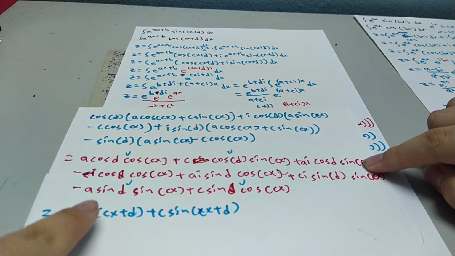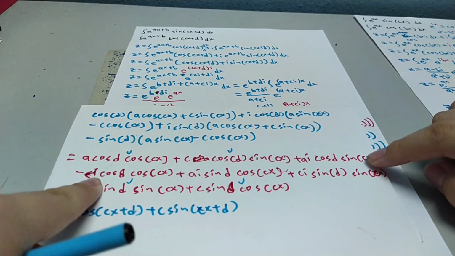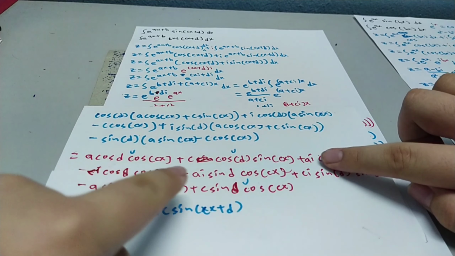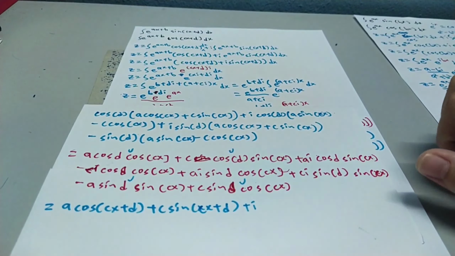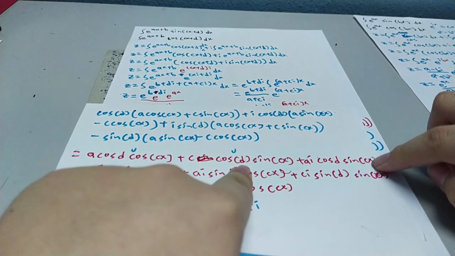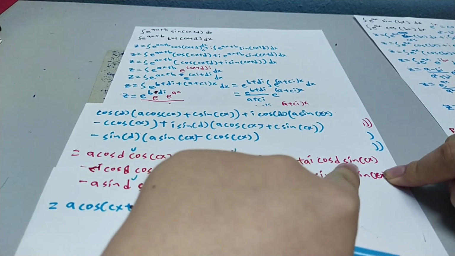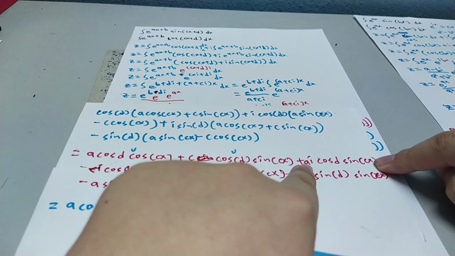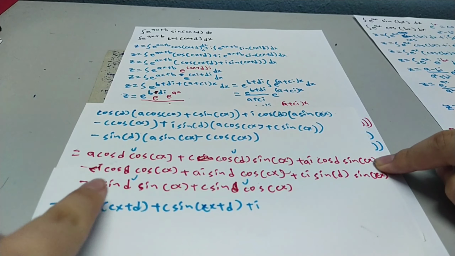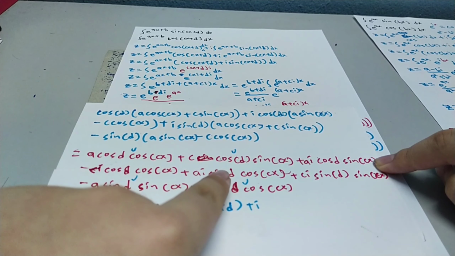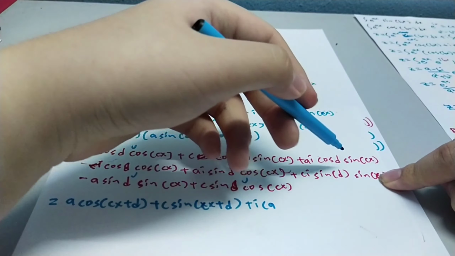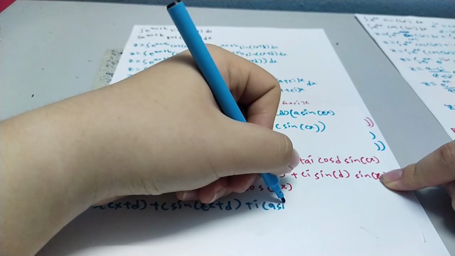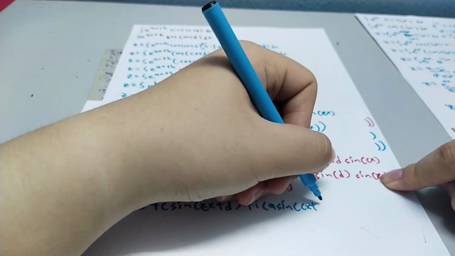And then we got the expression. So we got some terms that are filled with the complex number i, so I will separate these two. Now a times cosine of d times sine of cx plus sine of d times cosine of cx, that is equal to a times sine of cx plus d.